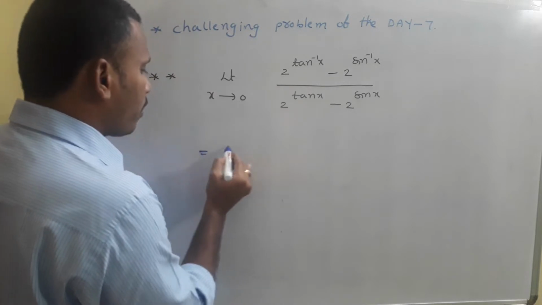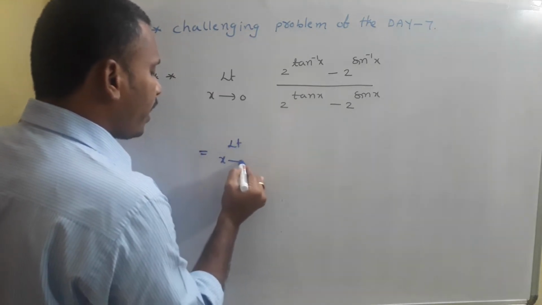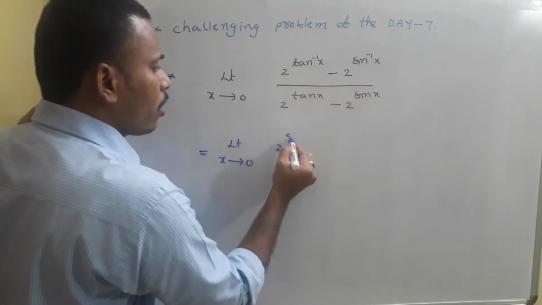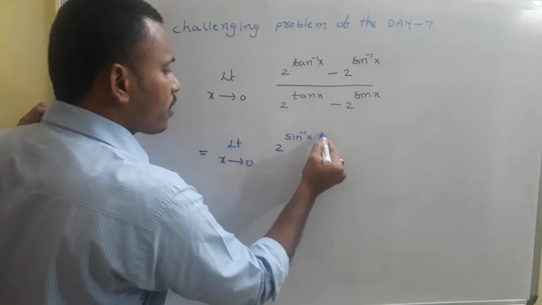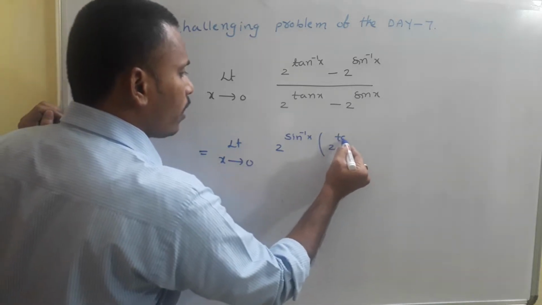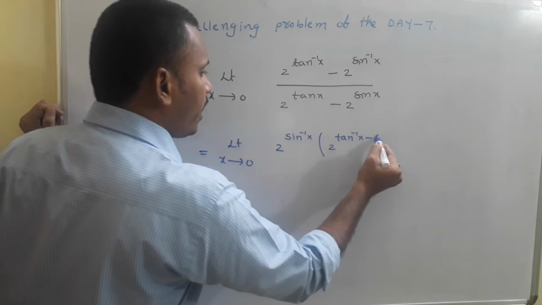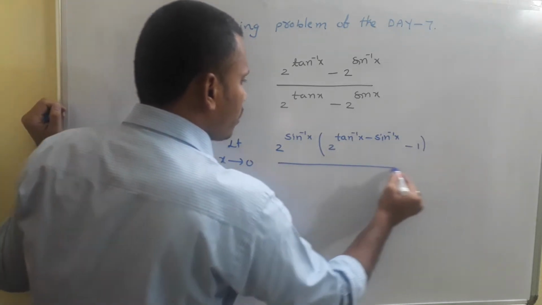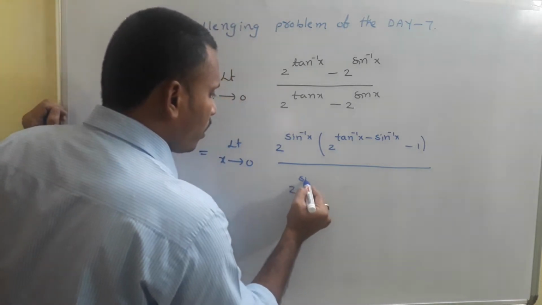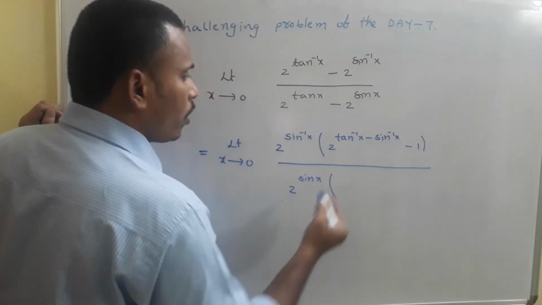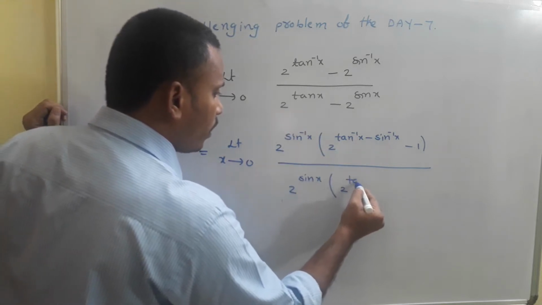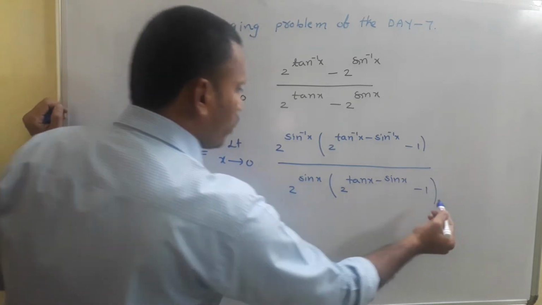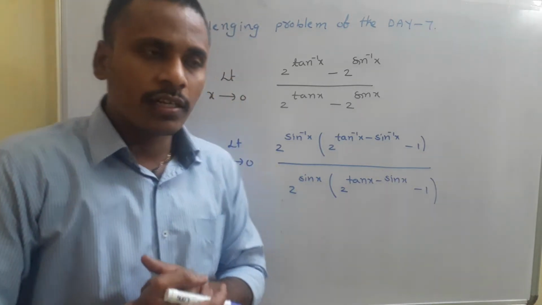So the next step becomes: limit x tending to 0, 2^(sin⁻¹x) into (2^(tan⁻¹x − sin⁻¹x) − 1), divided by 2^(sin x) into (2^(tan x − sin x) − 1). Is it clear?